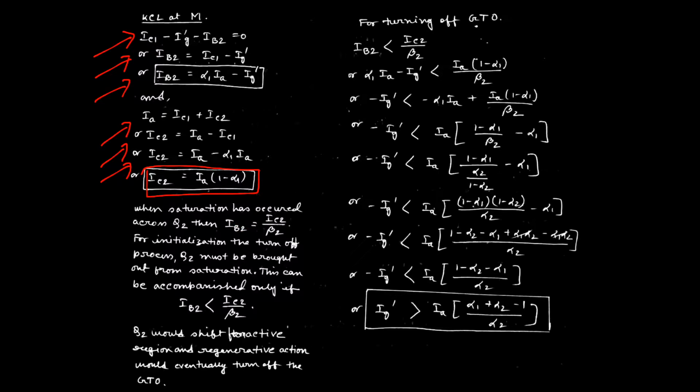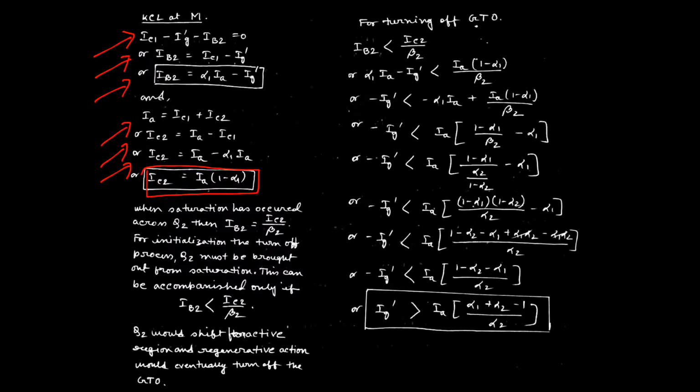That means when the device is in conducting state, all the majority carriers are in moving condition. That is why this type of phenomenon is called saturation. So under the saturation case or conduction state, IB2 equals IC2 by beta 2. But whenever we try to switch off the device, beta 2 should be less than saturation.